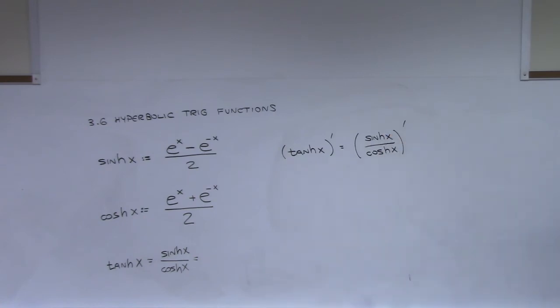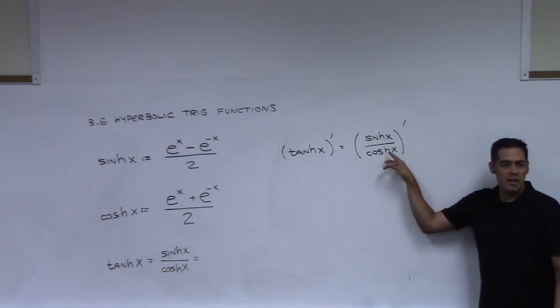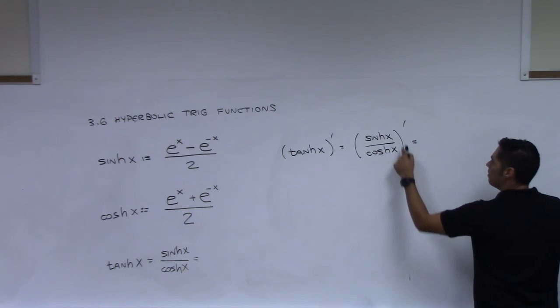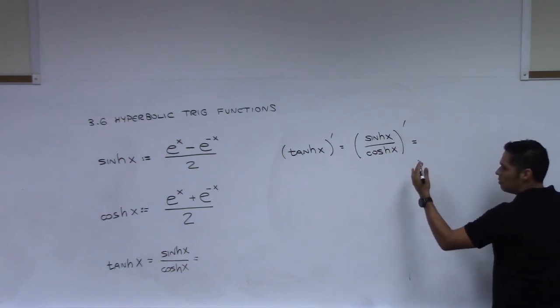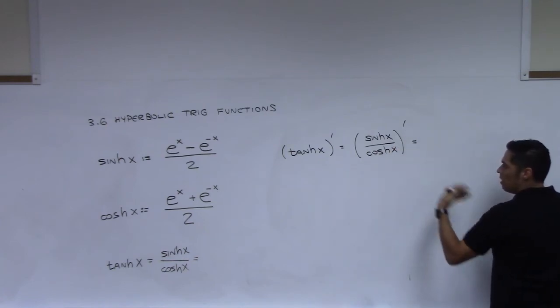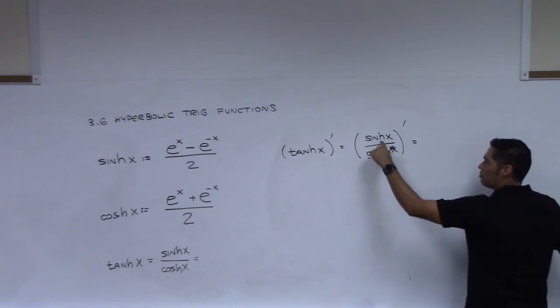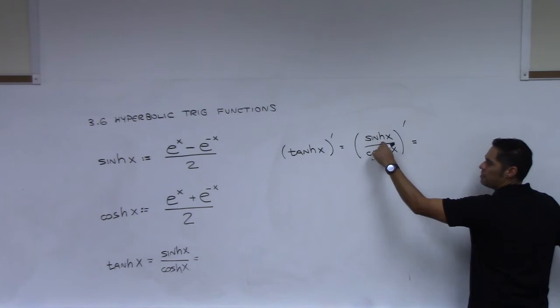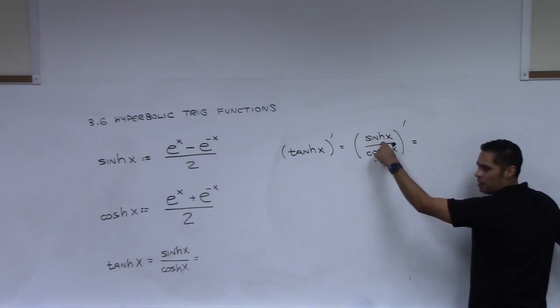So I'm taking the derivative of this, and then I can apply the quotient rule. This all depends on how you learned it, but the way I teach my students the quotient rule, I do derivative of the top times the bottom minus the derivative of the bottom times the top, and then all over the bottom squared.